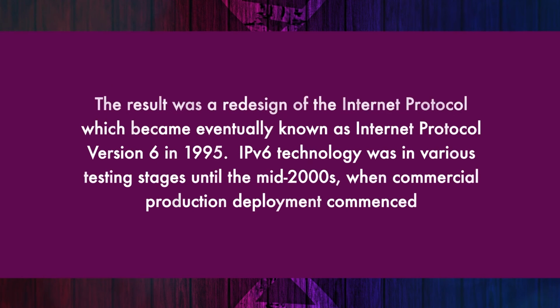The result was a redesign of the Internet Protocol, which eventually became known as Internet Protocol version 6 in 1995. IPv6 technology was in various testing stages until the mid 2000s, when commercial production deployment started.